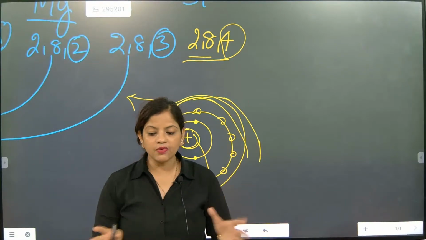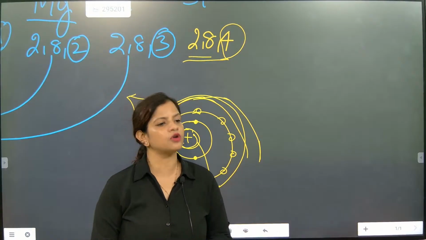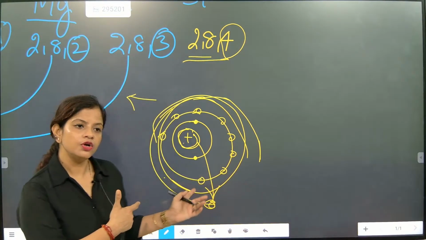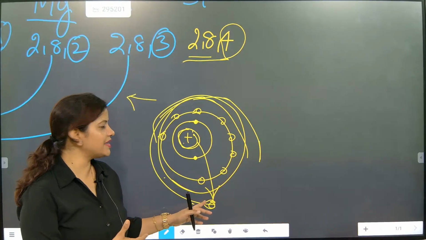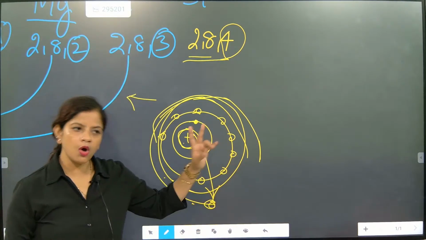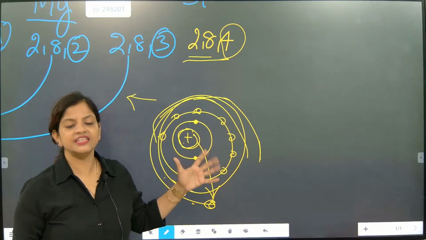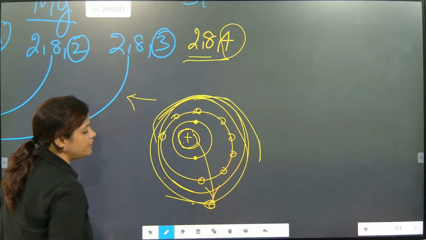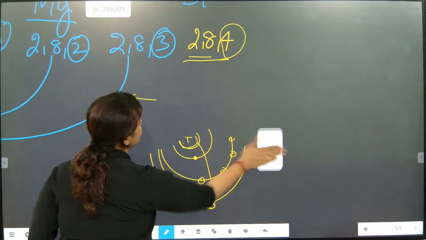Correct now? And it had the capacity to hold how many electrons? 14. Now it is holding how many? 12. Now it is coming to a state of 11. So definitely it will not allow this one to go out. So the structure will destabilize. Correct now? Now this is one case when the structure will destabilize and collapse.